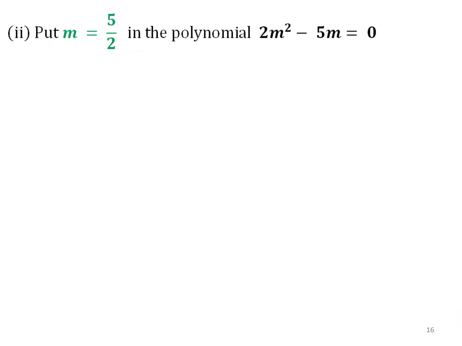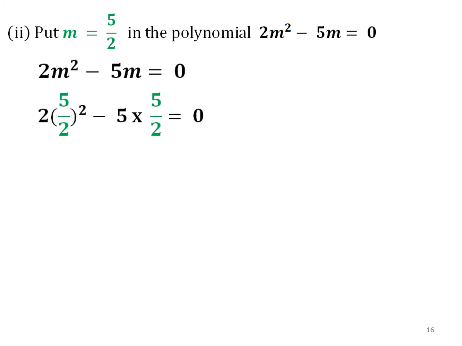Now the next substitution, m is equal to 5 upon 2 in the polynomial 2m square minus 5m is equal to 0. So 2 bracket 5 upon 2 the whole square minus 5 into 5 upon 2.